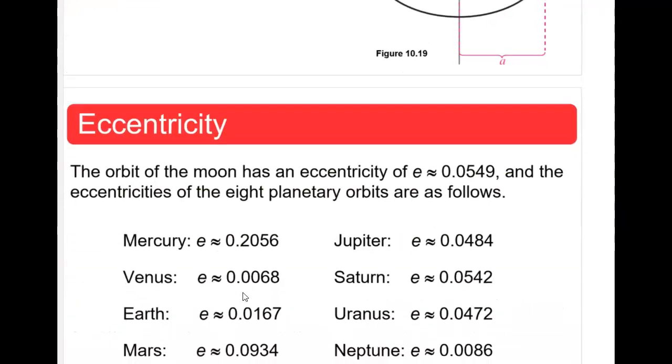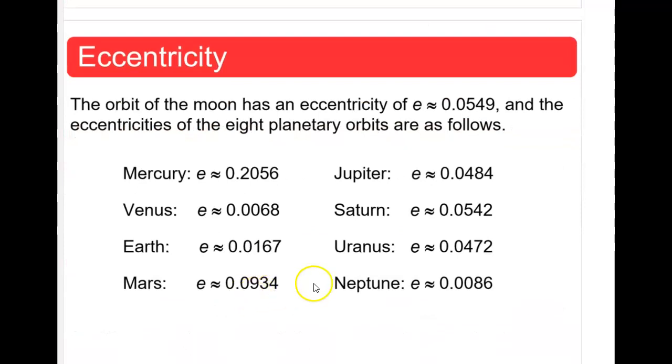And right here we have, just so you get an idea of the orbits, the eccentricities for the planets. And the orbit of the moon has a very small eccentricity. As you recall, it almost looks like a circle because the major and minor axes are very close in length. And then the other ones, as you could see here, the biggest would be Mercury.